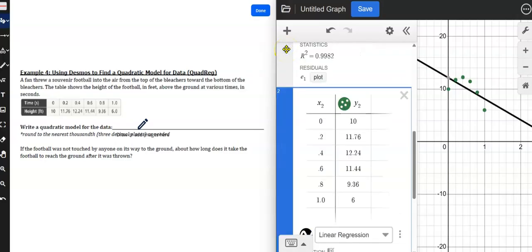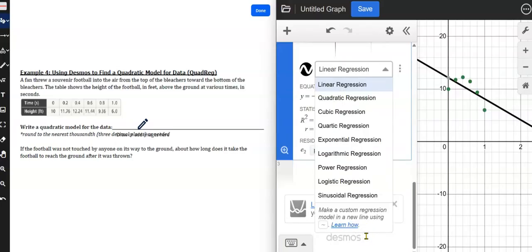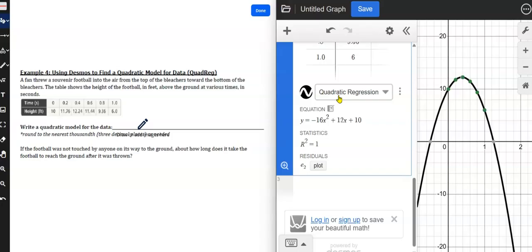Now once again, I can hit the regression button right there and switch over to, let's see, what kind did they ask me for? A table shows the height of the football in feet above the ground at various times in seconds. Write a quadratic model for the data. Okay. It's pretty easy to write them.